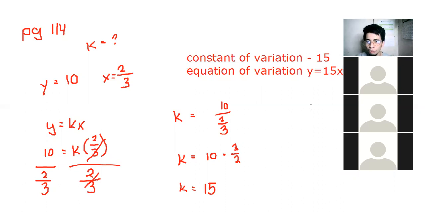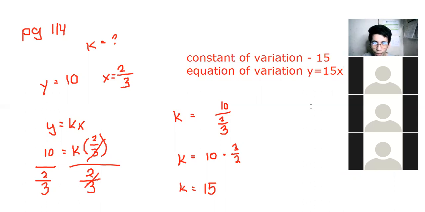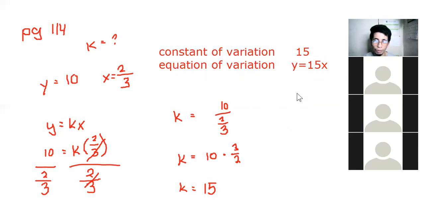Okay, so that is the equation of variation. The constant of variation is 15, and the equation of variation is y is equal to 15x.